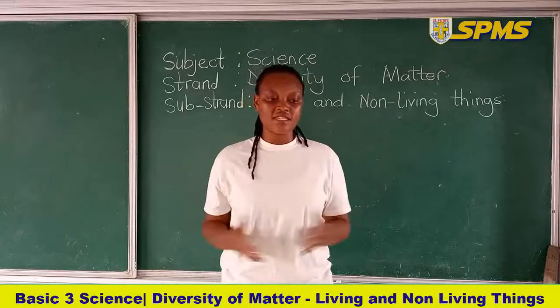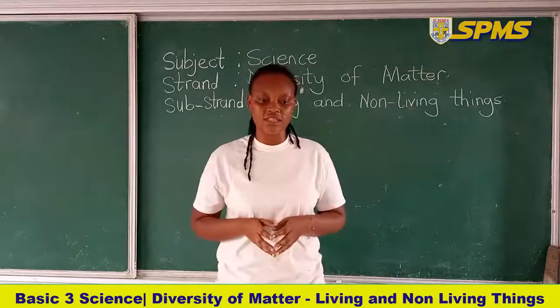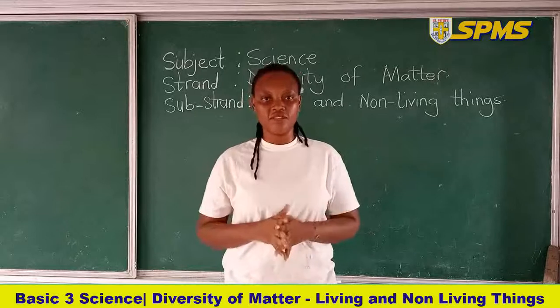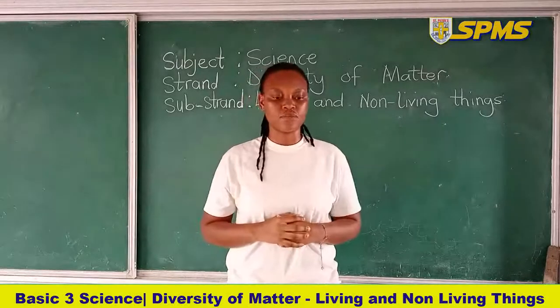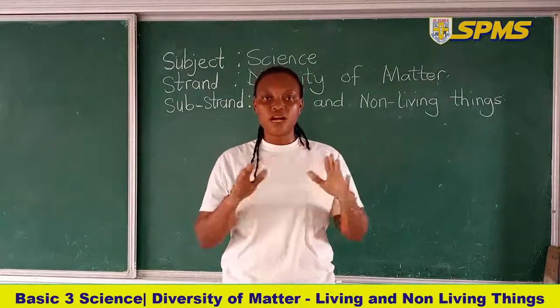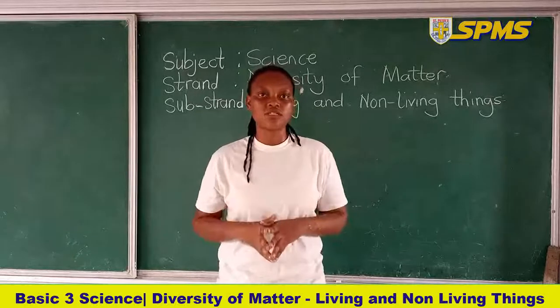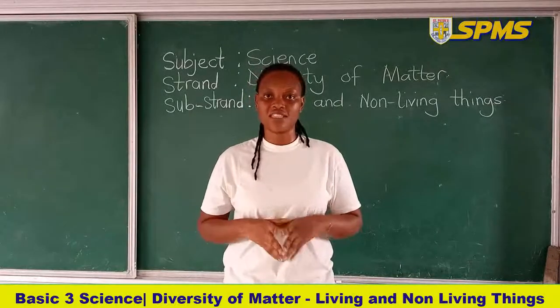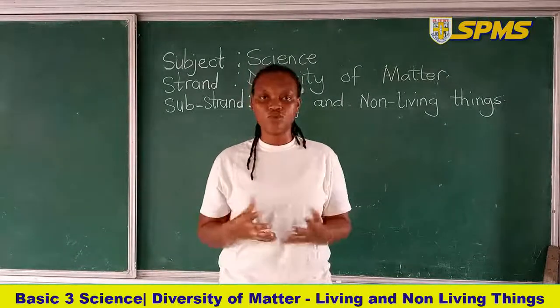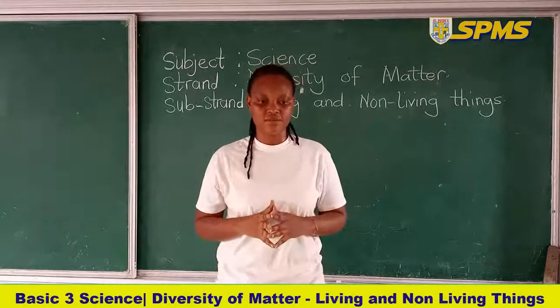So the many things around us can be grouped into living things and then non-living things, as I said. But for the sake of this lesson, we won't look at non-living things because you've done that in your previous classes. That's class 1 and then class 2. Today we'll look at living things.